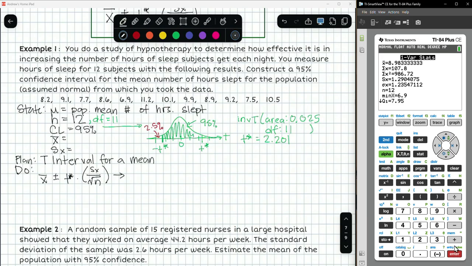And I can see I have a sample mean x bar of 8.983 and a sample standard deviation SX of 1.290.